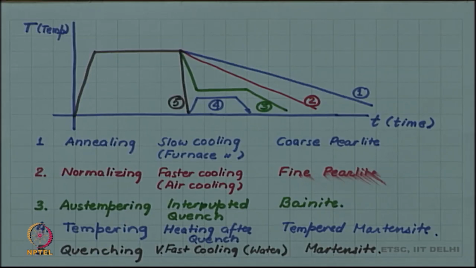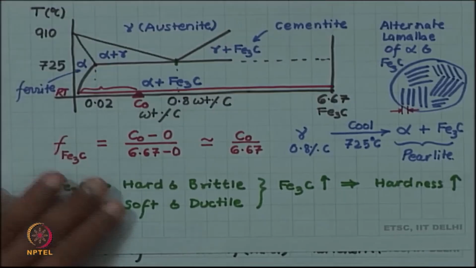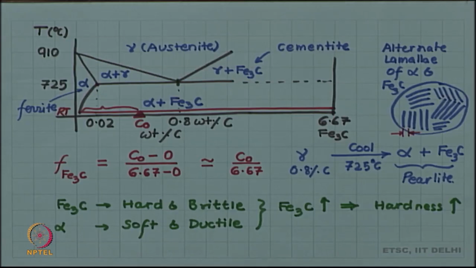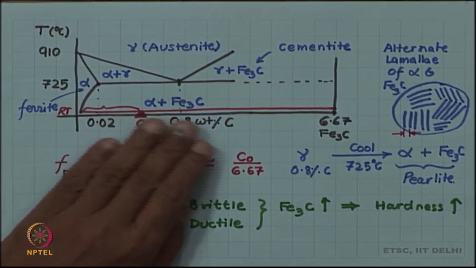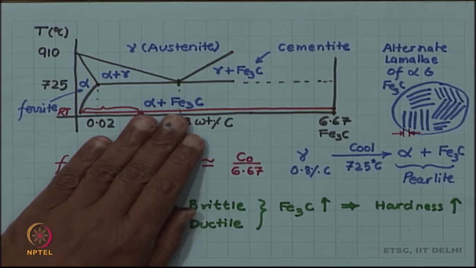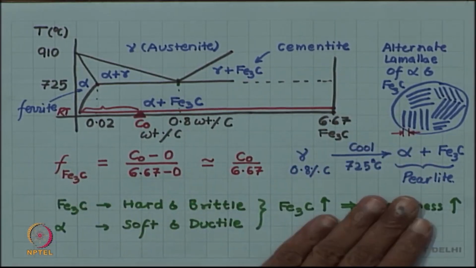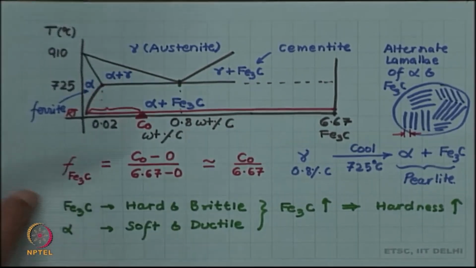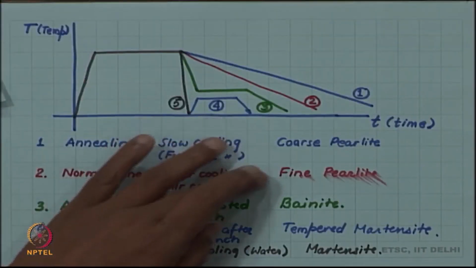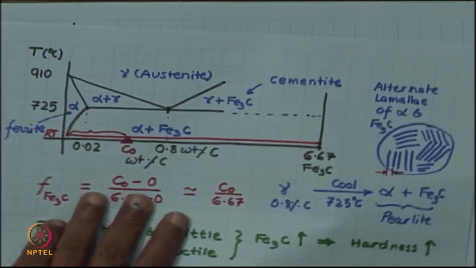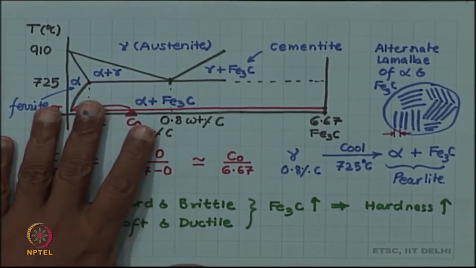Now, if you look at the phase diagram, we cannot explain all these microstructures from the phase diagram alone, because the phase diagram only gives us alpha plus Fe3C, and we have seen that on slow cooling this alpha plus Fe3C is in the form of perlite. So, maybe coarse perlite and fine perlite we can probably relate to the phase diagram, but bainite, tempered martensite and martensite are not even present anywhere in the phase diagram.